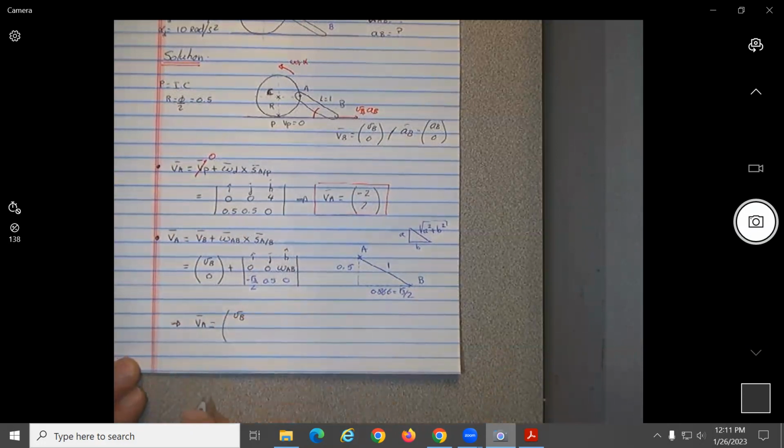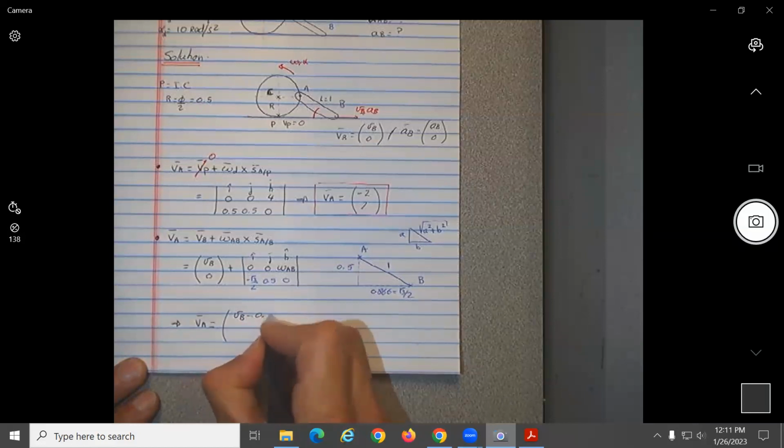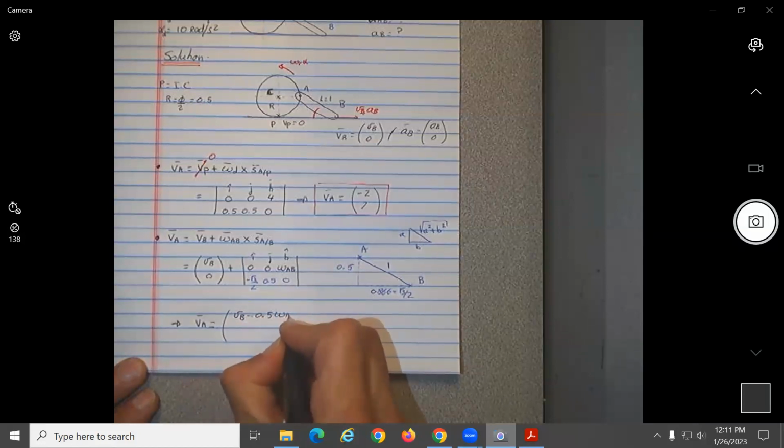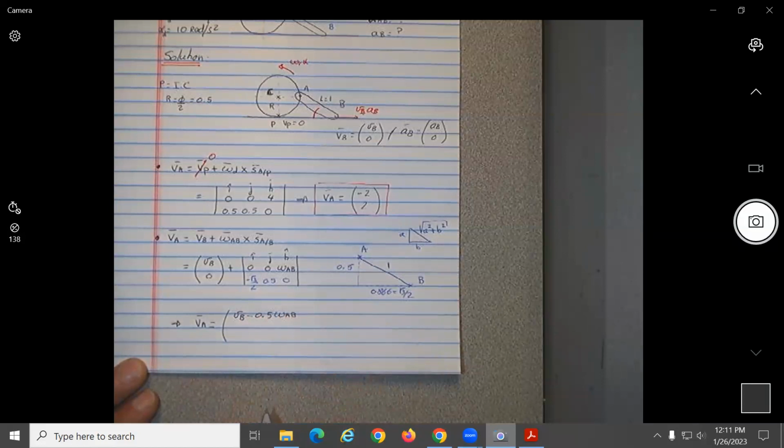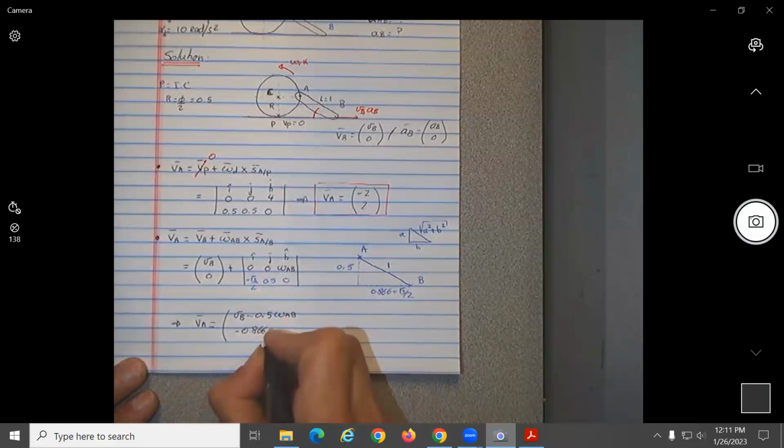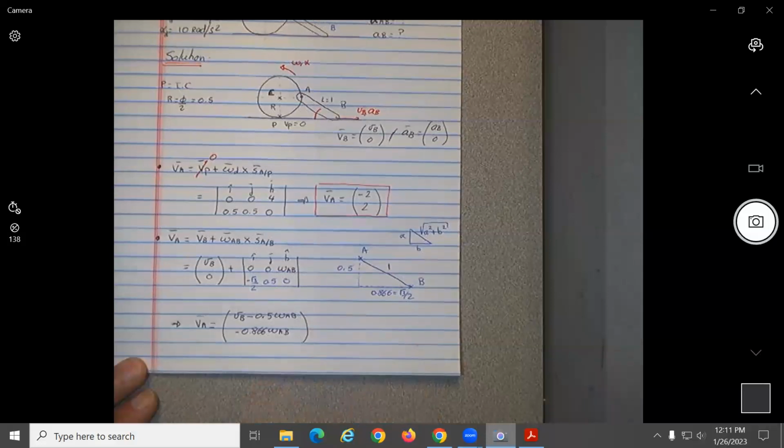And I'm going to start going a bit faster, so I don't run out of space. So this should be equal to what? VB minus 0.5 omega AB, now the second term. And then this one will be negative, if you want to put this time, the 0.866 omega AB.